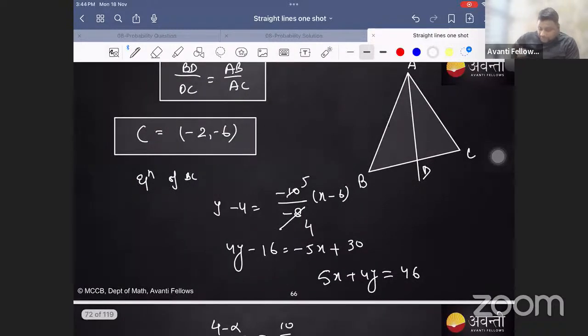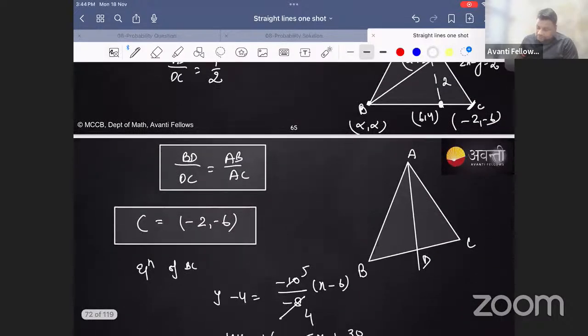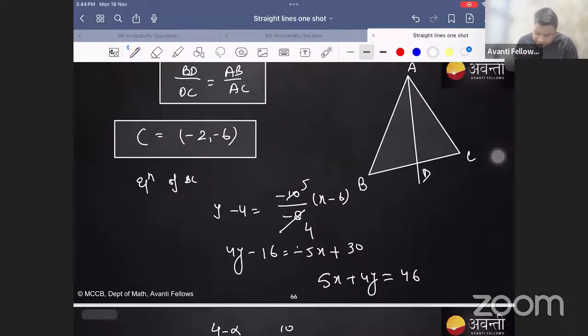But why am I not getting it? y minus 4 is 10 by 8, that is 5 by 4, into x minus 6. Okay, this will go positive.